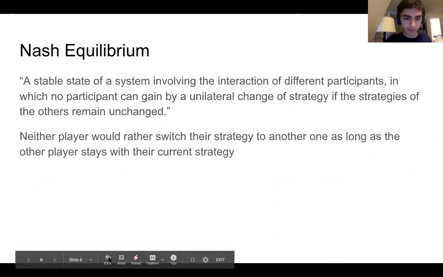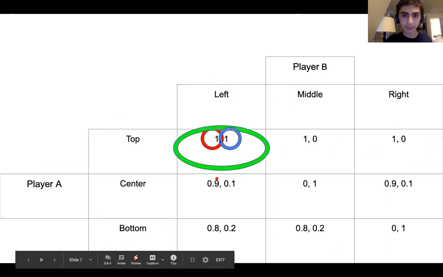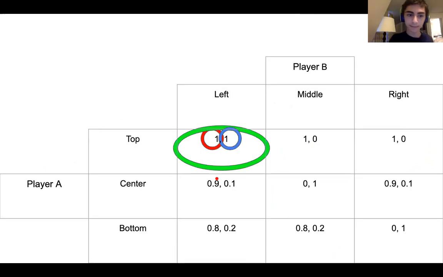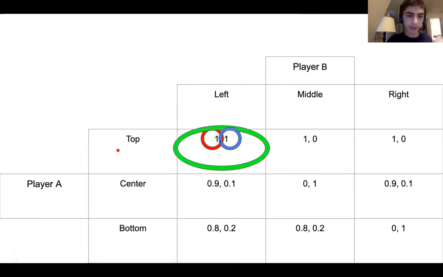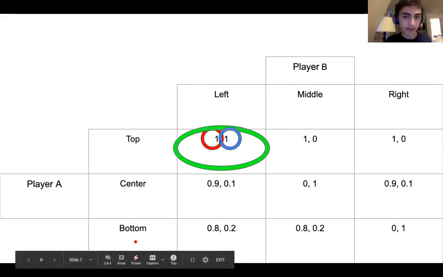So let me just demonstrate what that really means. In this specific game table, suppose player B is going to stick with left. If player A switches from top to anything else, then as you can see, player A does not stand to gain anything.